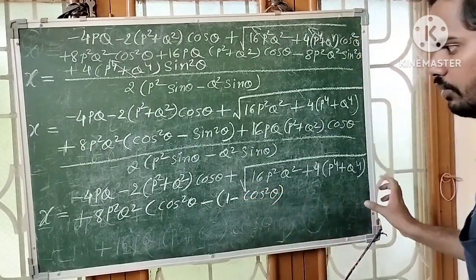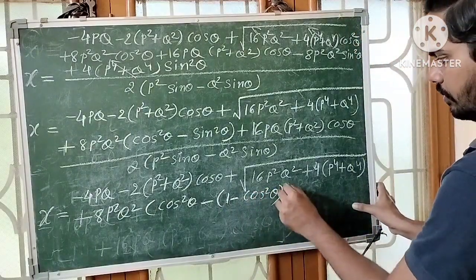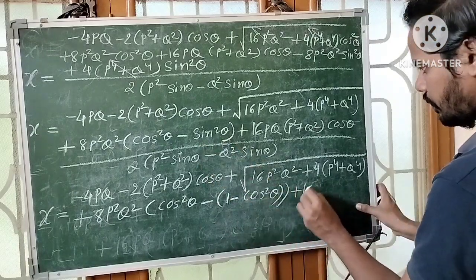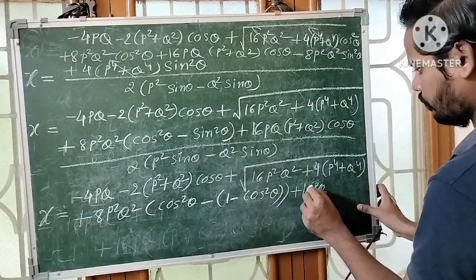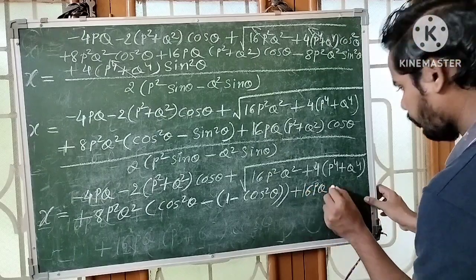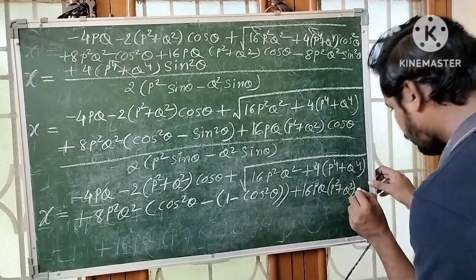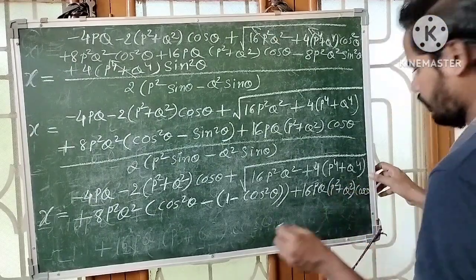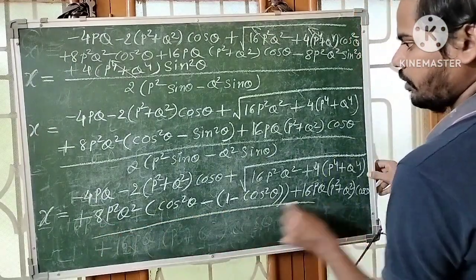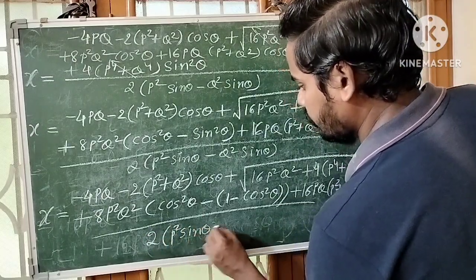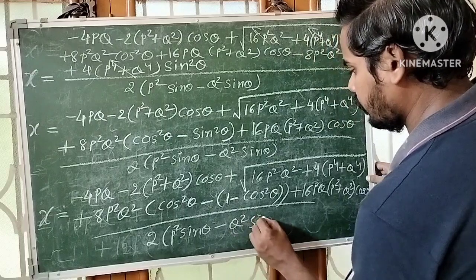Sine square theta can be written as 1 minus cos square theta, so in place of sine square theta we have 1 minus cos square theta, plus 16 pq into (p square plus q square) cos theta, all divided by again 2 into (p square sin theta minus q square sin theta).